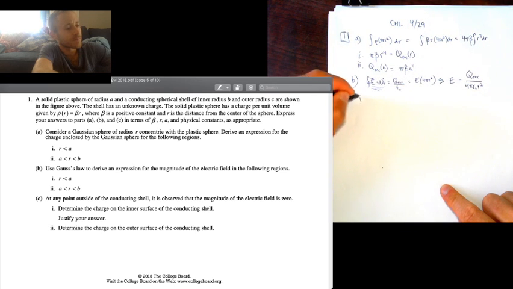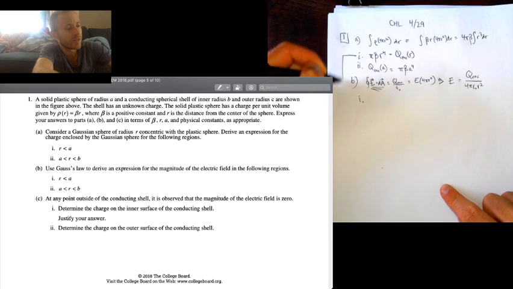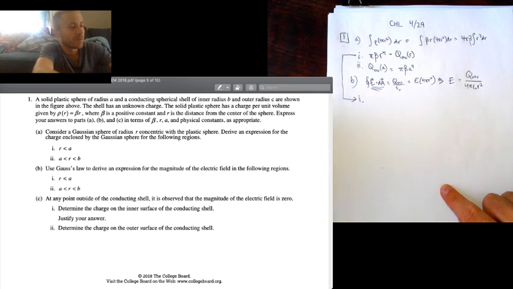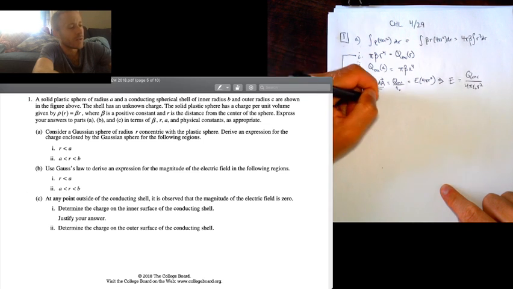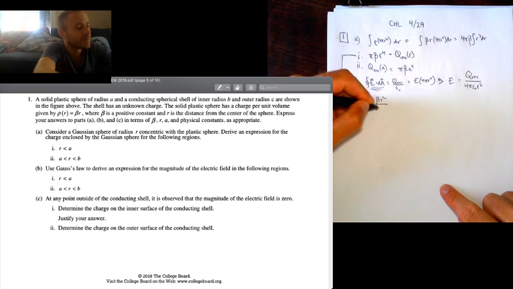So if we take this expression and plug in our charge enclosed, we're going to get beta r squared over 4 epsilon naught.